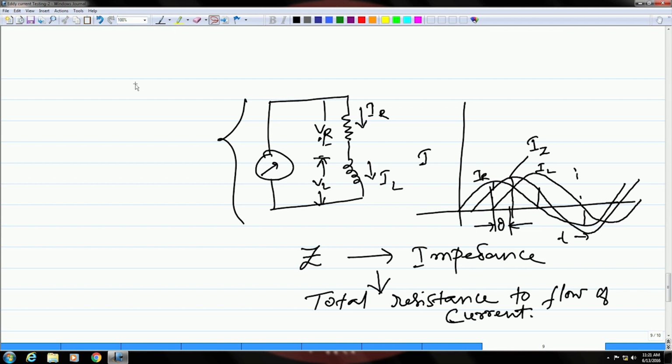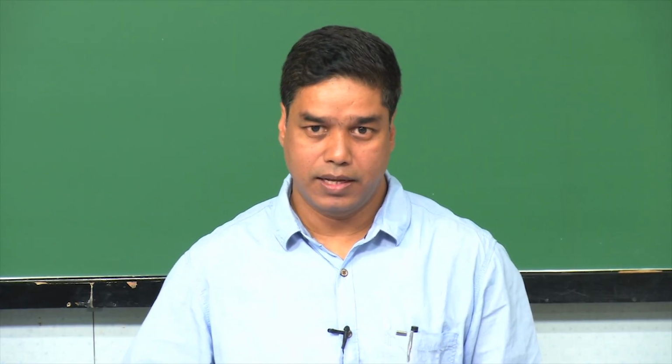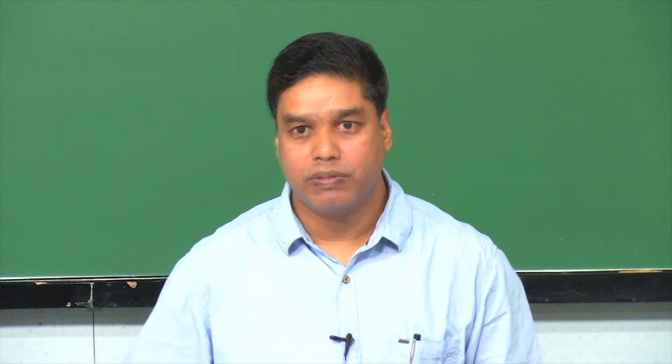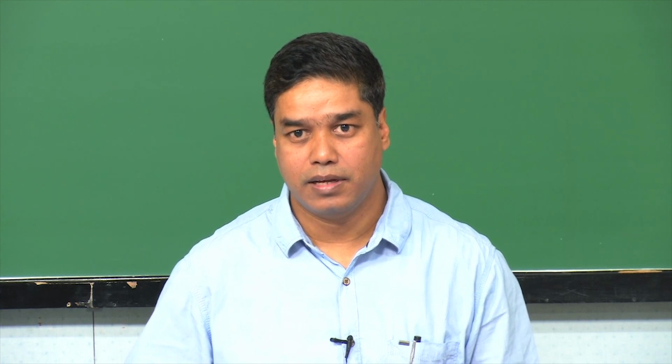Okay. So, just to give you a quick recap, this is what we did finally. We derived this particular parameter Z, or impedance, which is the total resistance to flow of current in a conductor, which contains both a resistive element as well as an inductor.